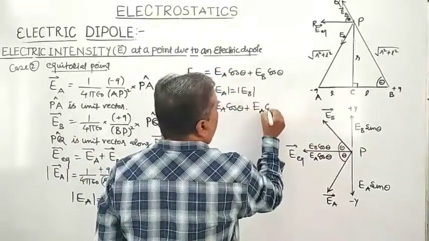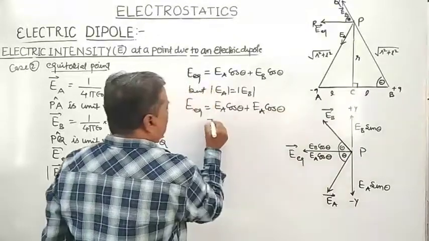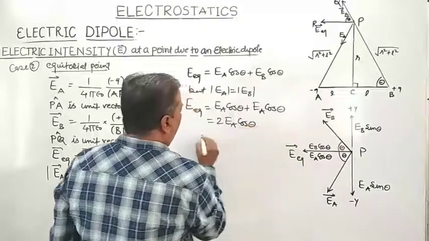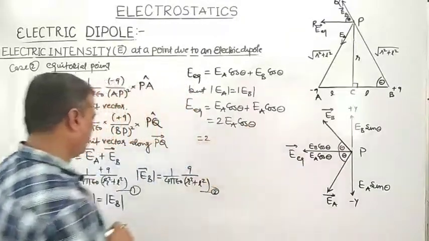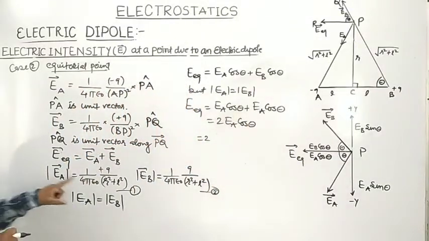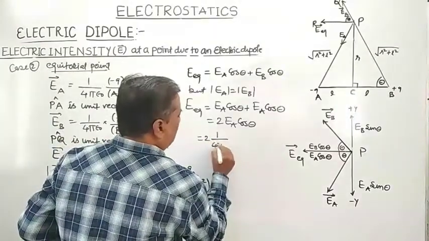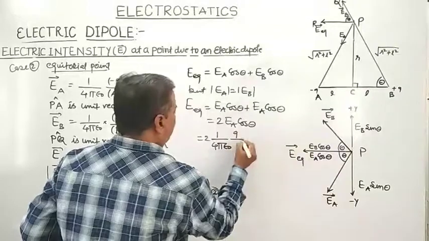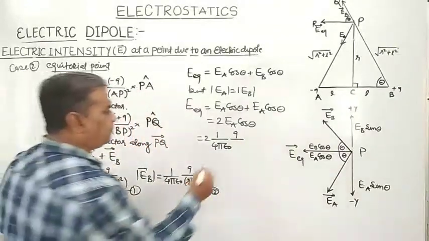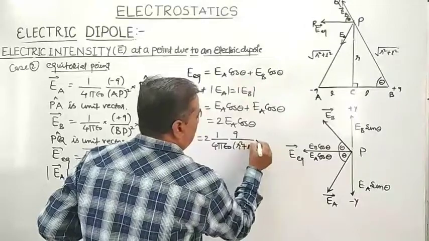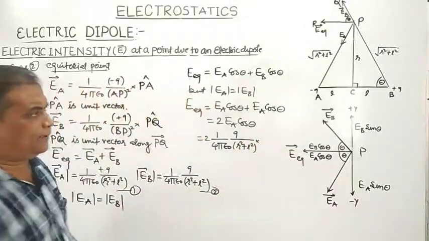So this is EA cos theta. So this becomes 2 times EA cos theta, or it is equal to 2 into. Now look at the magnitude of EA. It is 1 upon 4 pi epsilon 0 Q divided by R square plus L square, into cos theta.